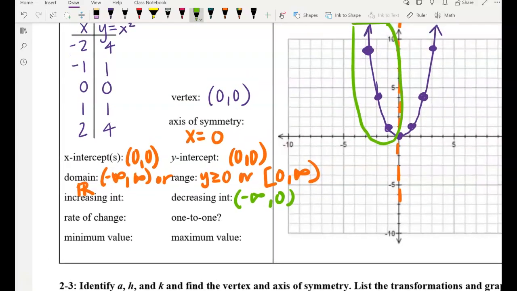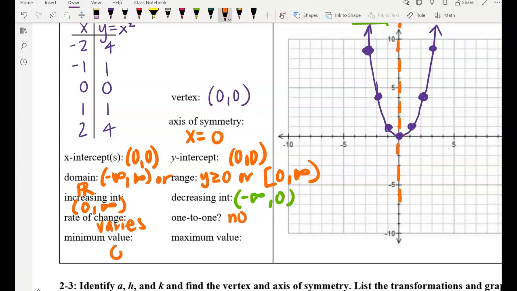Then on the right side of your axis of symmetry, that's going to be increasing interval, so that's going to be 0 all the way to infinity. The rate of change, we're going to say it varies because it's not a line or an absolute value. It is not a one-to-one. We have a minimum value of 0. And we don't have any maximum since this is opening upward, so none.